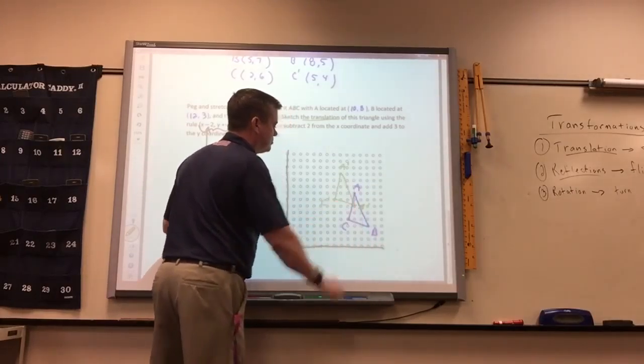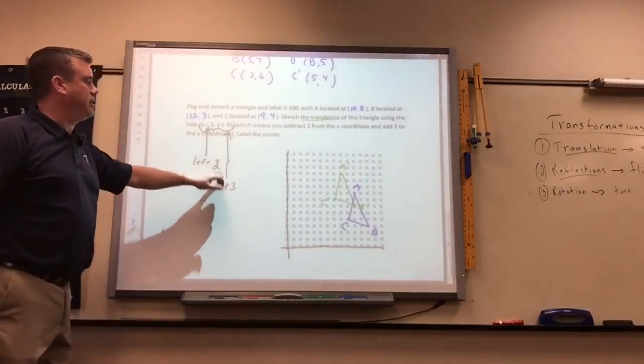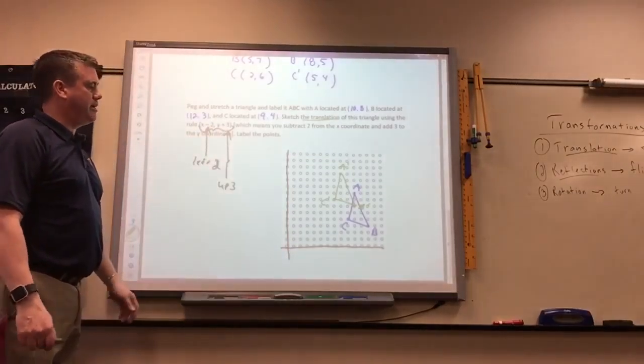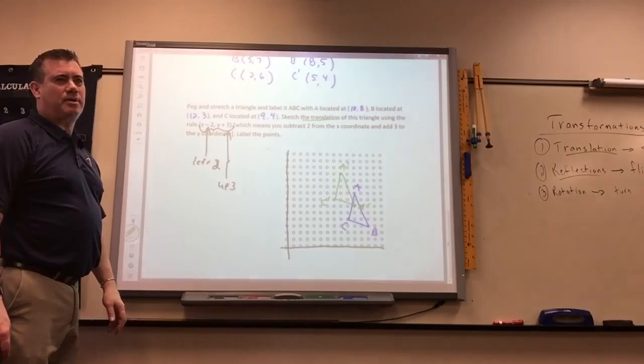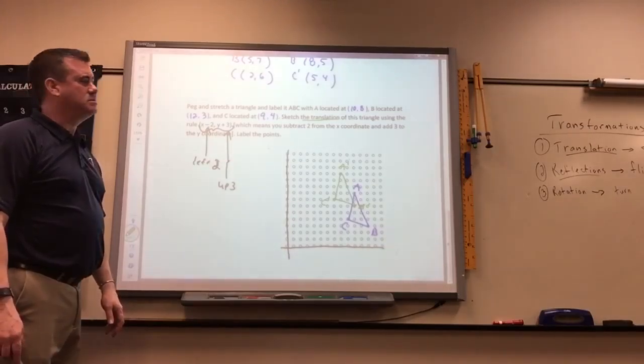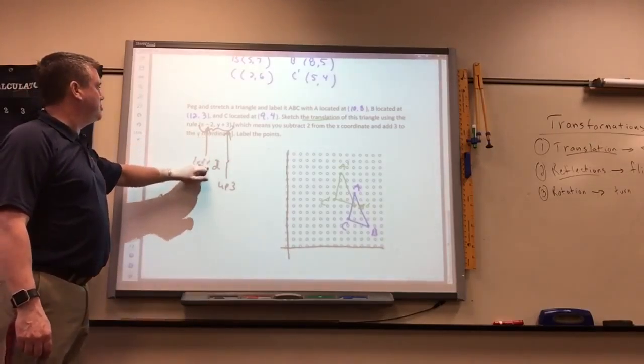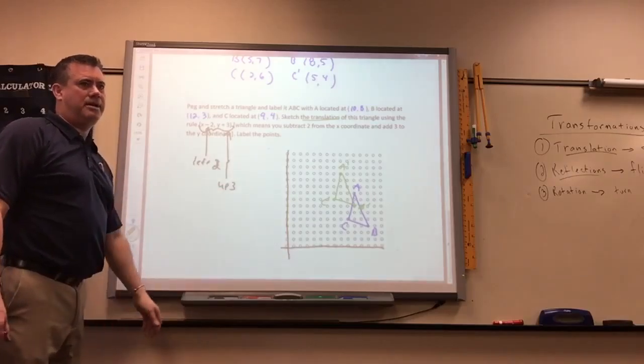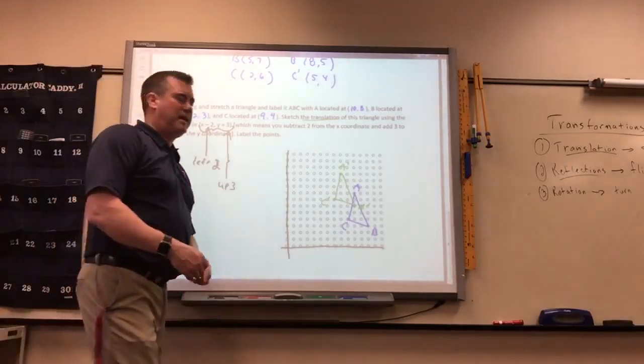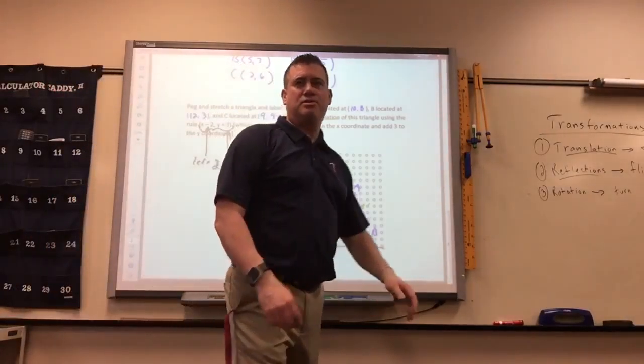X minus 2, y plus 3. X minus 2 means left 2, y plus 3 means up 3. I did it. That's it. It should be pretty easy.